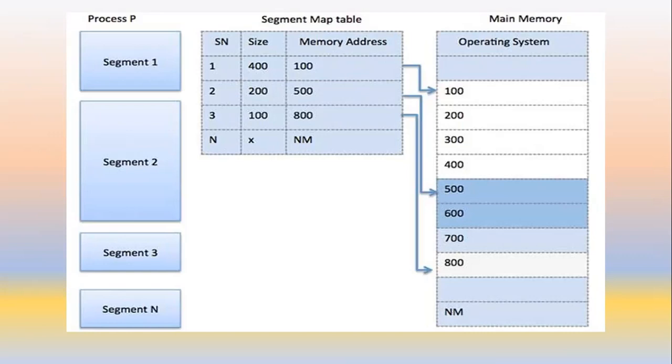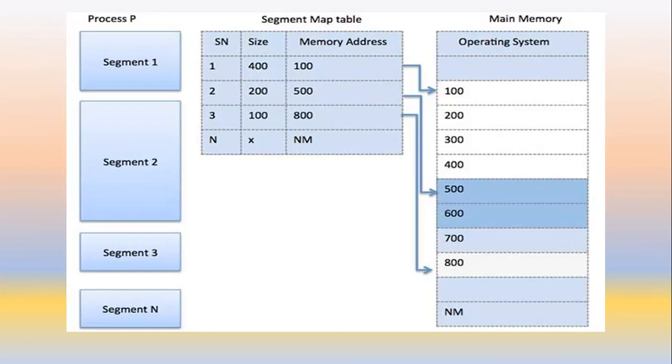And when you look at the main memory, from the segment map table where segment 1 has been serialized as 1, we are able to identify that its memory address is 100. And therefore, from there, we are able to trace that segment from the main memory under 100.